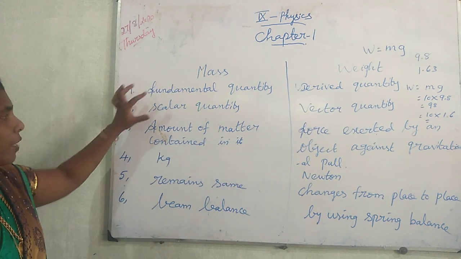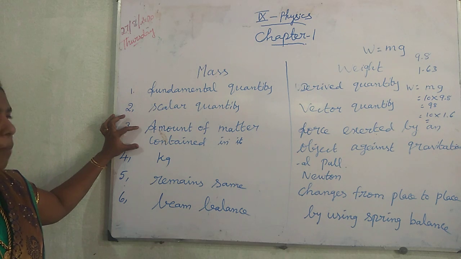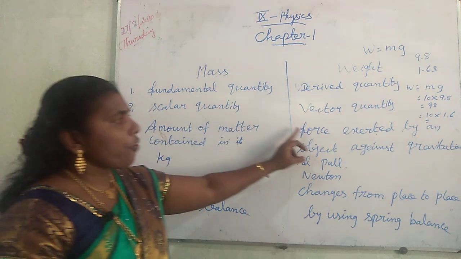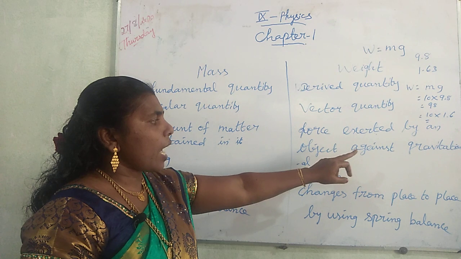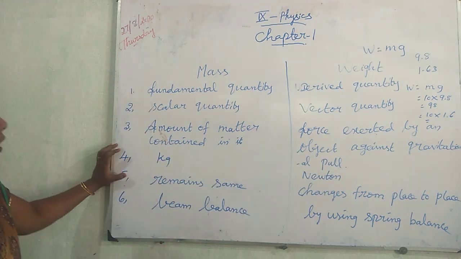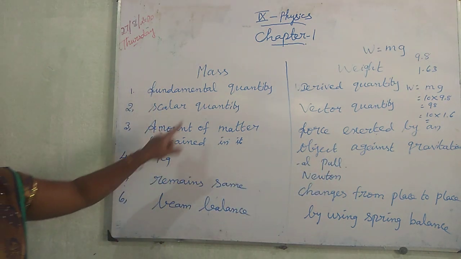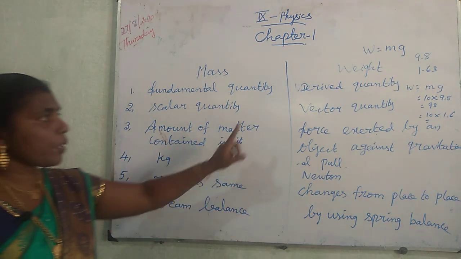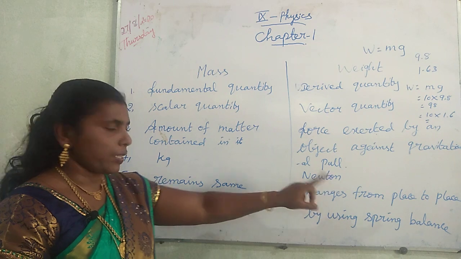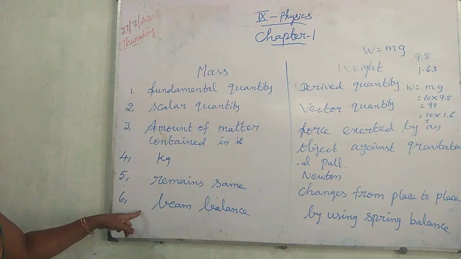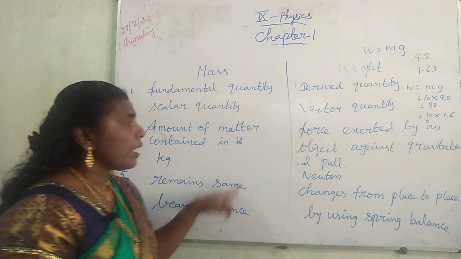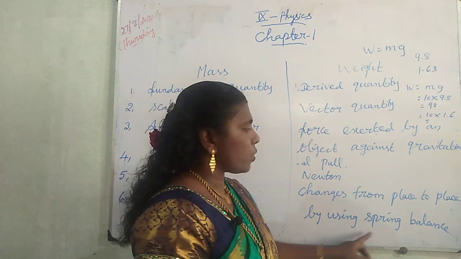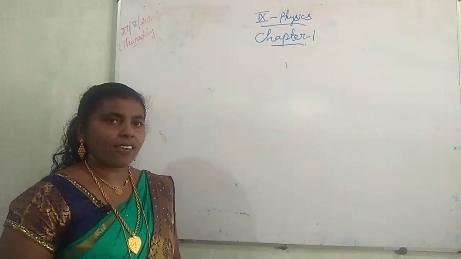Then the definition for mass is the amount of matter contained in it; for weight, the force exerted by an object against gravitational pull. The unit of mass is kilogram, the unit of weight is Newton. Mass remains the same, but weight changes from place to place. Mass can be measured by using a beam balance, weight by using a spring balance.